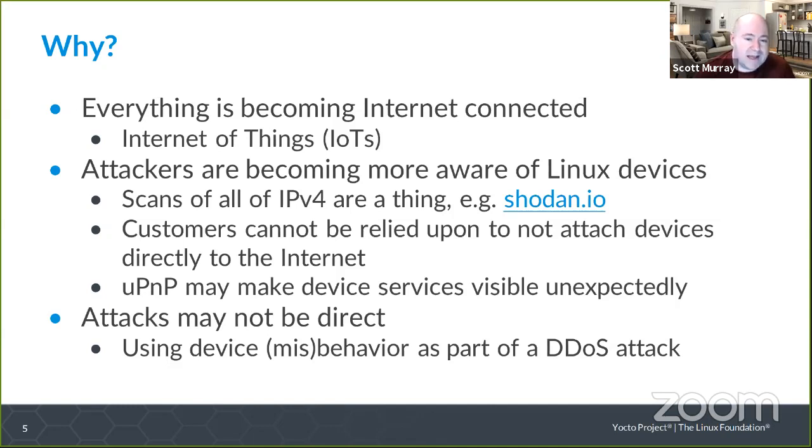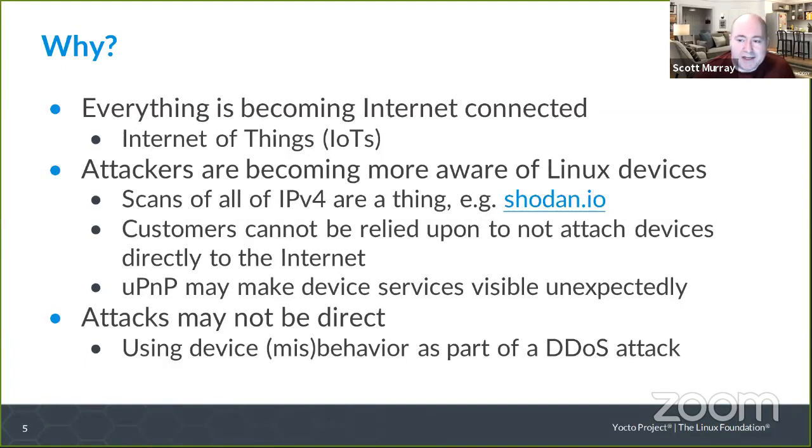And of course, customers can't usually be relied upon not to attach devices to the internet. This is a classic issue, with things like Shodan exposing devices, or people plugging things directly into the internet. And in the past couple of years, there have been some visible incidents where Universal Plug and Play has exposed things behind firewalls to the internet that people just did not expect would be a problem.